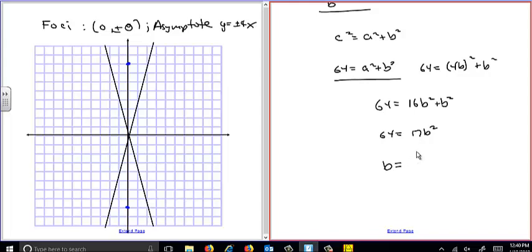b squared is equal to 64 over 17. And a squared, what is a squared equal to? Well, a squared is equal to 64 minus b squared. So that's 64 minus 64 over 17.